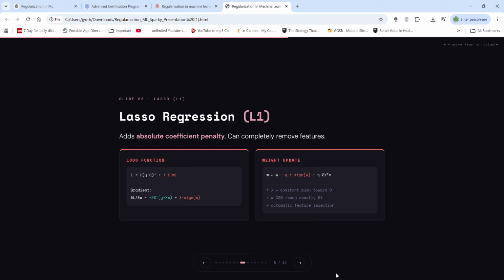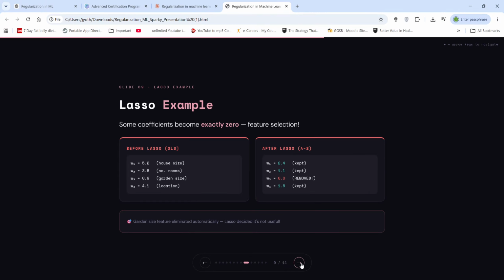Now let's see again, as we have explained, I'll give you a real world example. Say, for example, in a house price prediction, if the distance from school is not important, Lasso will set its coefficient to 0 and remove it completely. So this is about Lasso regression.